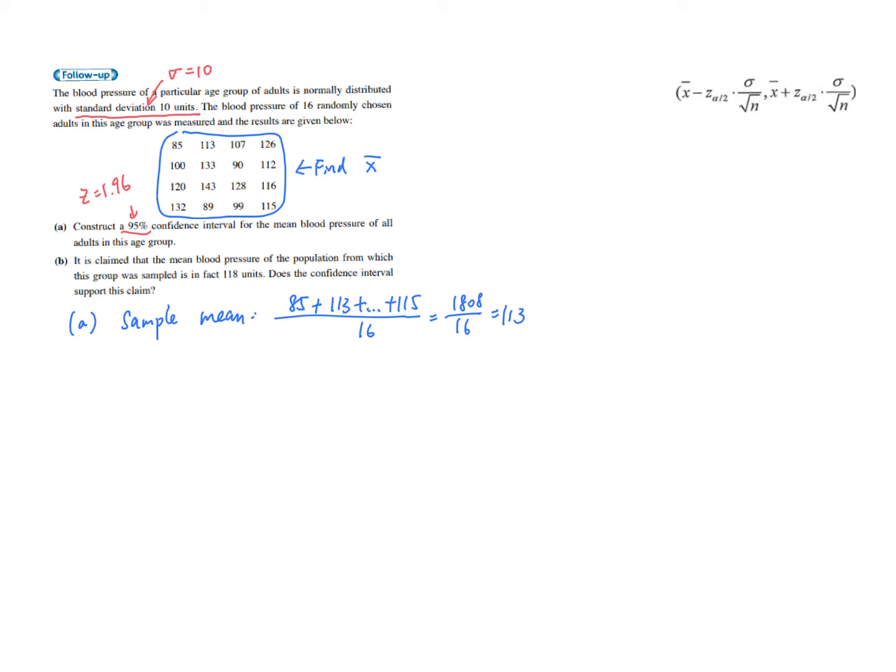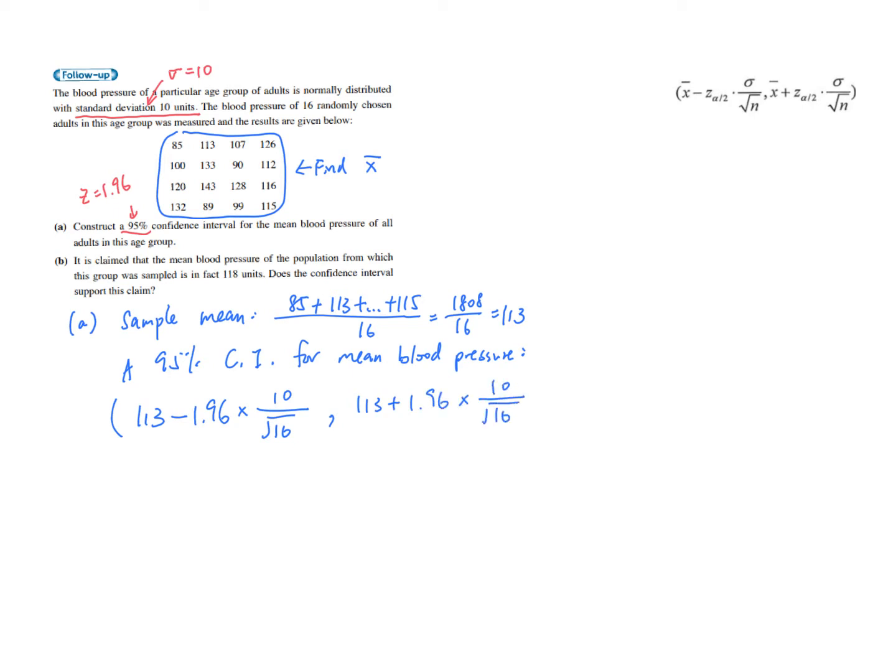Okay, so you can find the sample mean first, and then you can write down a 95% confidence interval for the mean blood pressure: x bar is 113, minus 1.96 times the SD 10, divided by the square root of n, which is 16, and 113 plus 1.96 times 10 divided by square root 16. So you will get the answer 108.1 and 117.9.